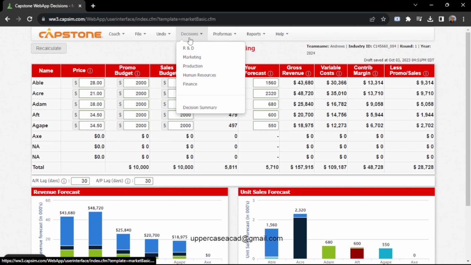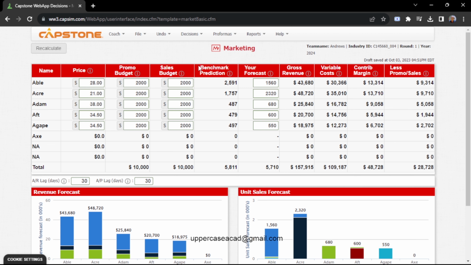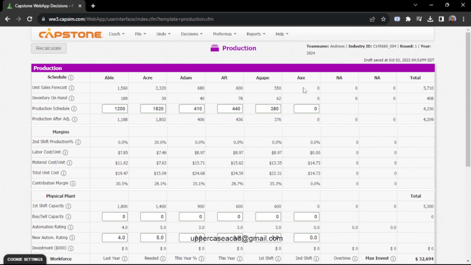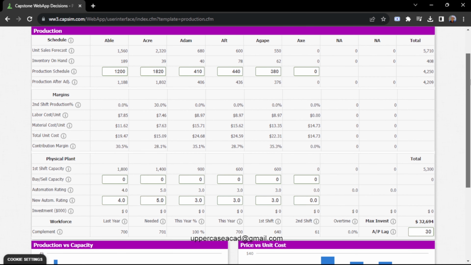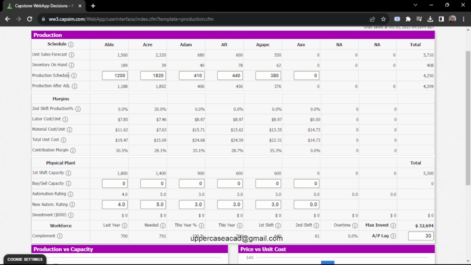The next thing is production. Under production, we make decisions in three areas: the production schedule, the capacity area, and the automation area. We'll start with the production schedule. I'm projecting that I'll be able to sell 1,560 units and I have 189 units in inventory.